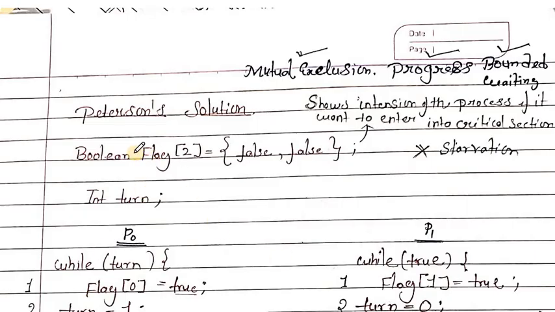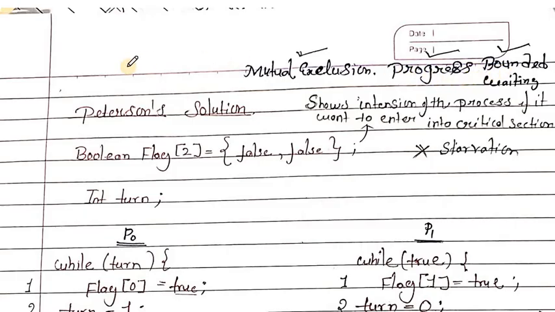In the previous class we have seen two solutions of the critical section problem. But those two solutions do not satisfy all three conditions of the critical section problem: mutual exclusion, progress and bounded waiting.